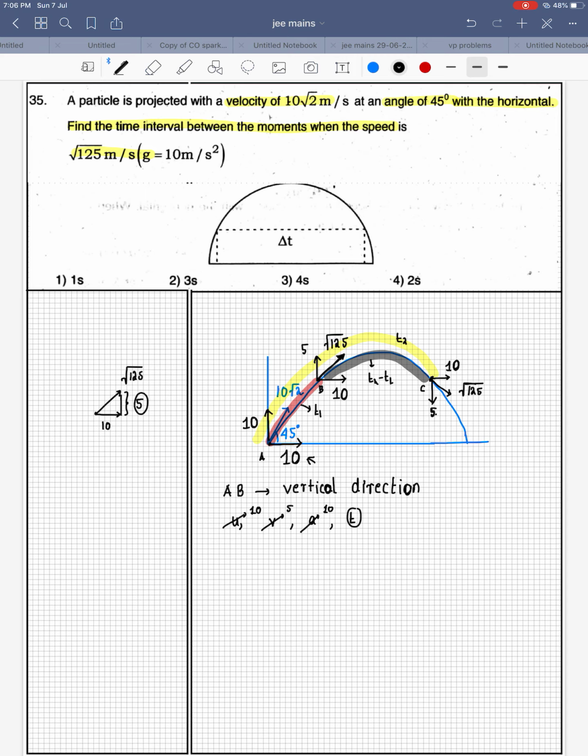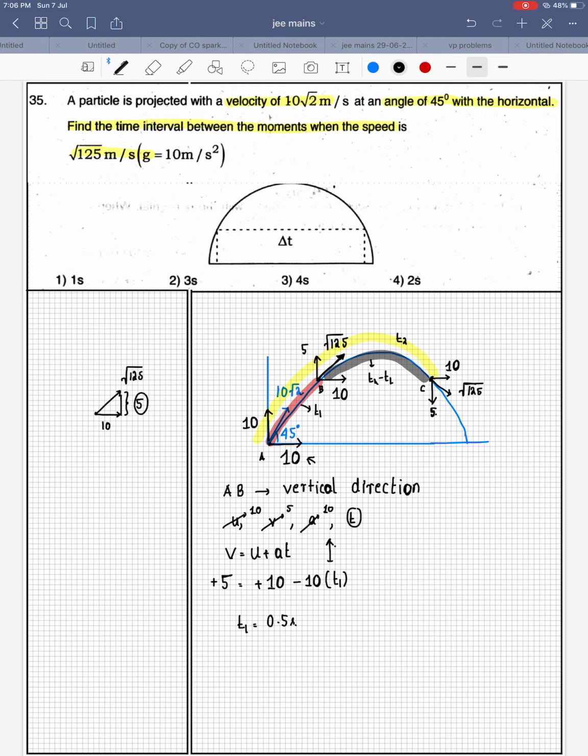So the go-to formula is v equals u plus at. Sign convention: above is positive. So the vertical component at b is plus 5 equals plus 10, acceleration is minus 10, into t1. So t1 you get as 0.5 second.